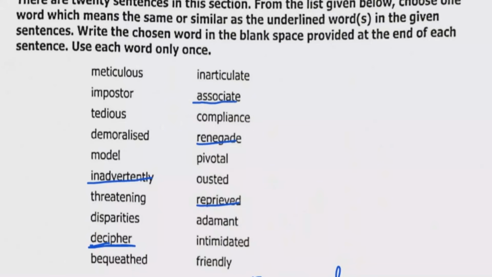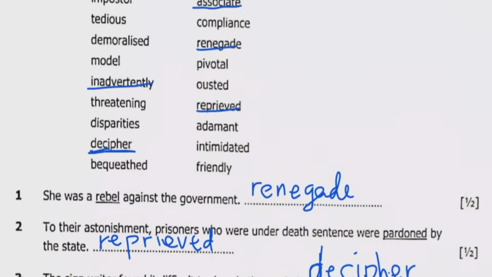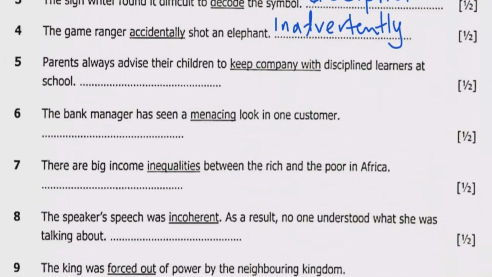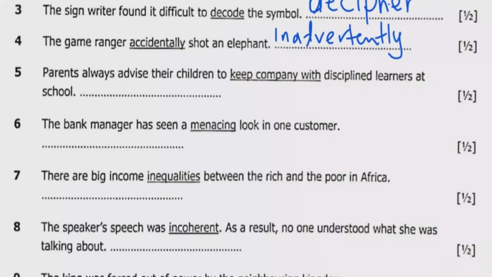You associate with disciplined children, so that means you play with disciplined children. So there we can write the word associate.